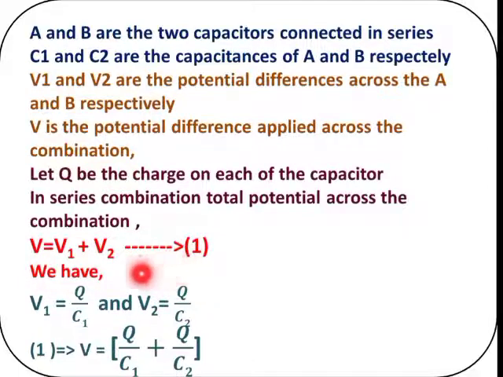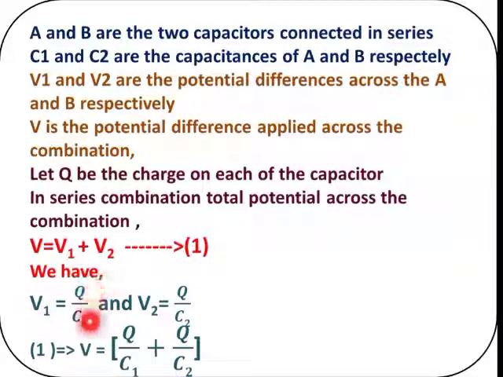Equation number 1. We have V1 is equal to Q by C1 and V2 is equal to Q by C2. Why Q by C? Because we know the formula for the capacitance of a capacitor, C is equal to Q divided by V. From the previous knowledge, we can write the potential in this way.